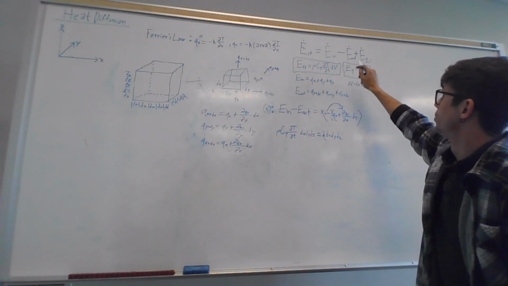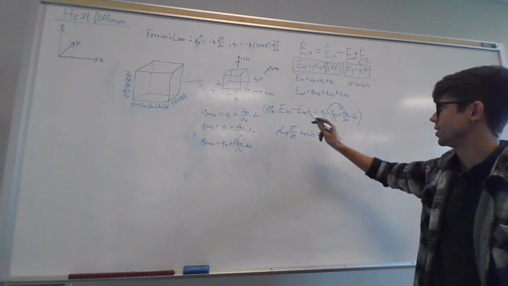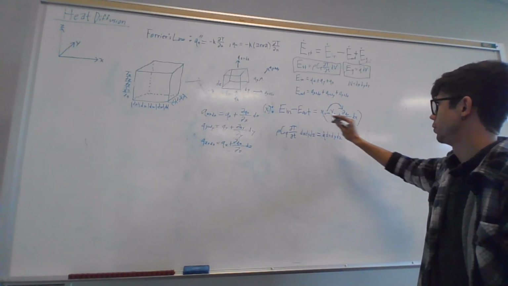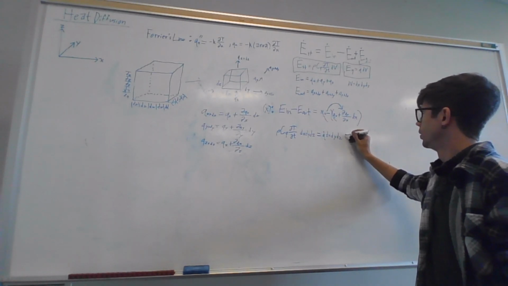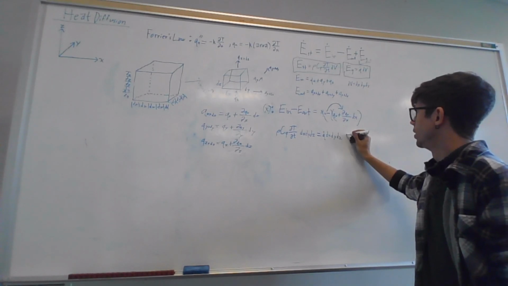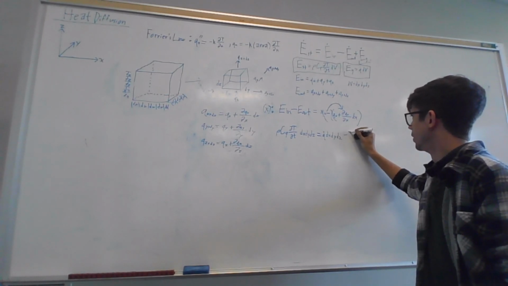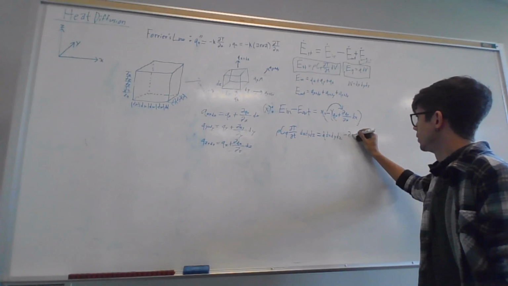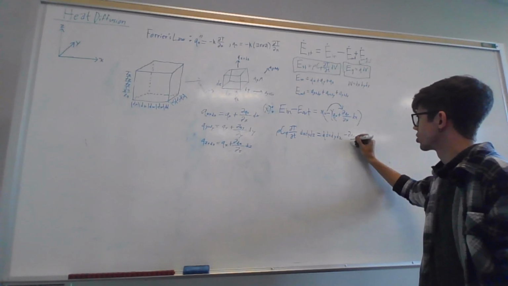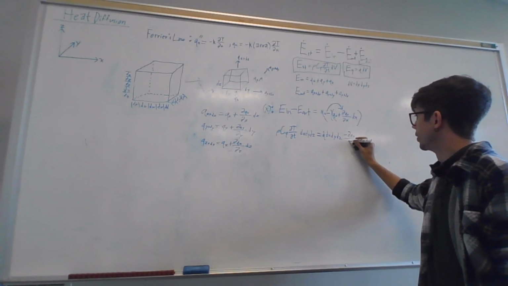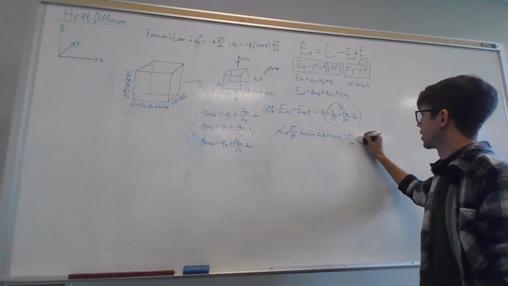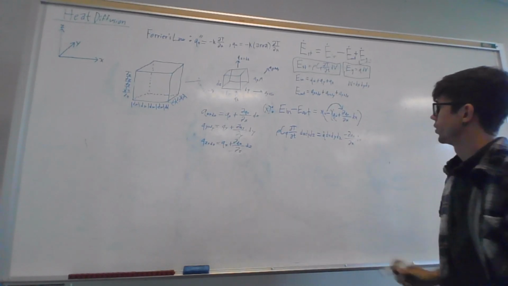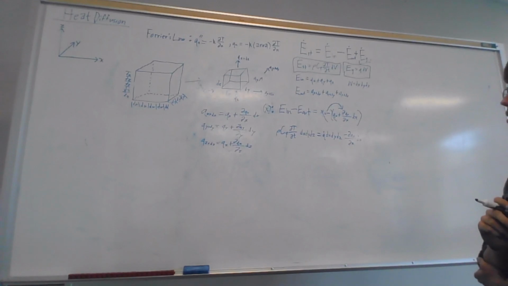Now we're adding energy input minus energy output. So we said for the x direction, energy input minus energy output was equal to the negative derivative of the heat flow in the x direction over that unit length we're talking about, dx. Now I can actually do the same thing for each of the other directions.